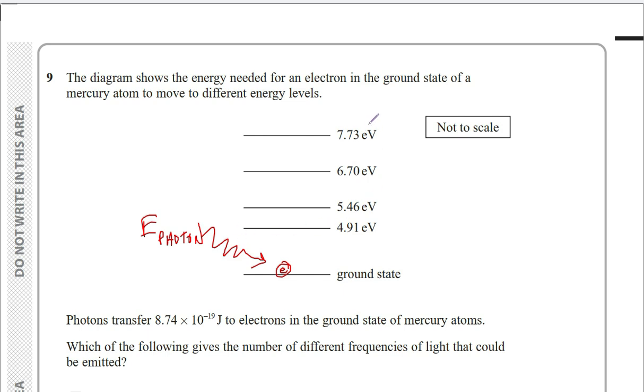So if you look at the energy level values, all of these are in eV, but the incoming photon has an energy in joule. So the very first thing you have to do is convert this energy in joule to eV. For that, you just divide this value by 1.6 times 10 to the power minus 19. So 10 to the power minus 19 and 10 to the power minus 19 get cancelled out.